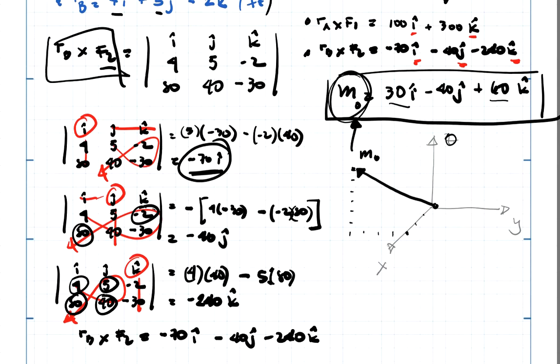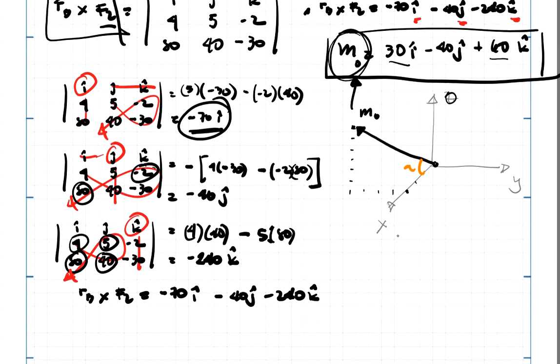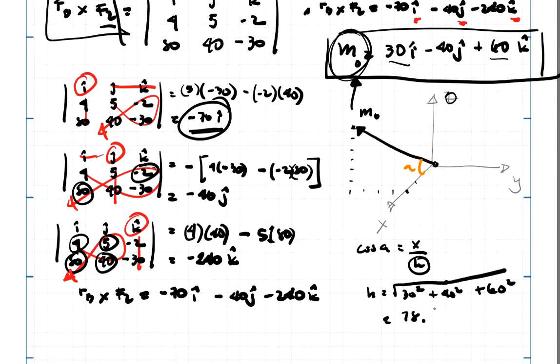Since we have now this final illustration of our moment, we can also determine the coordinate direction angles. From X, the direction angle is alpha, and to get the value of alpha, based from our previous topics, cosine alpha is equal to x all over the length h, and this h here is the square root of 30 squared plus 40 squared plus 60 squared, which is around 78.10.